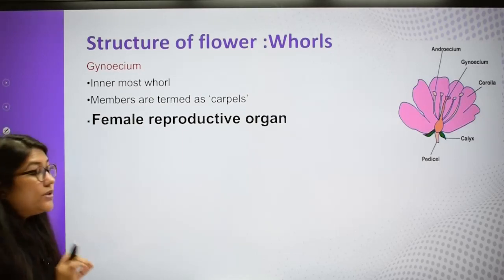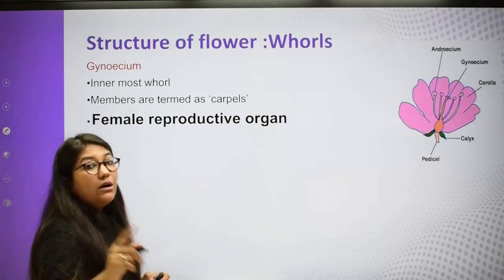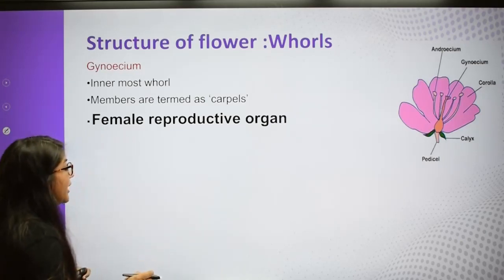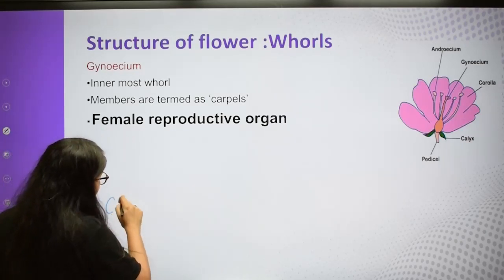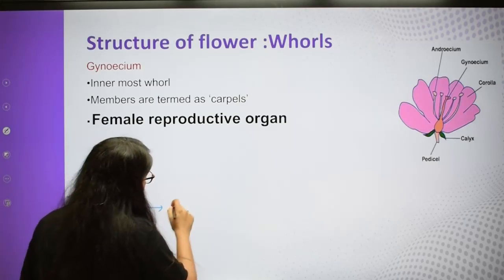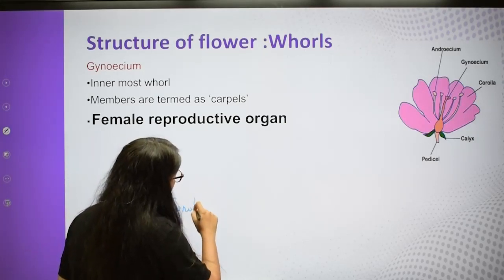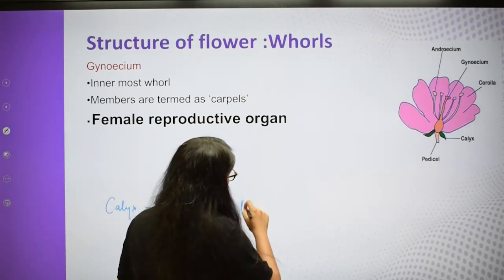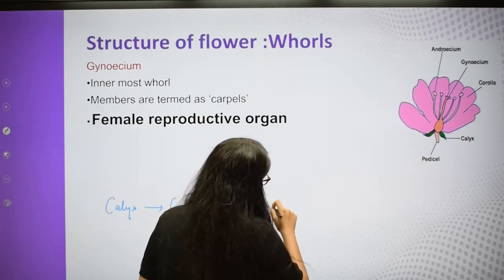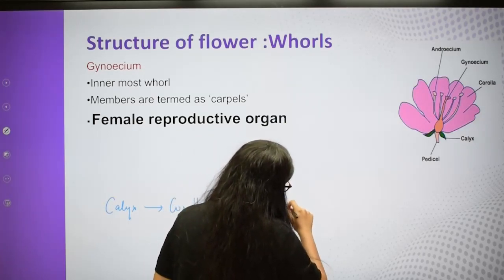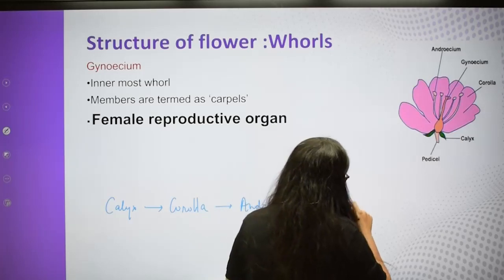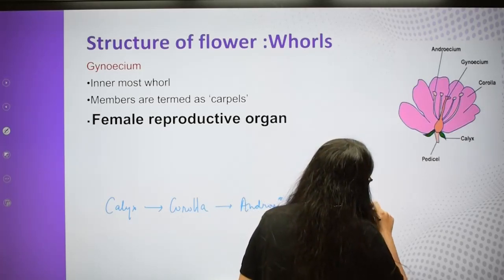Okay, so now see here, we started from the outermost whorl, calyx, then we moved to corolla, then androecium, and then gynoecium.